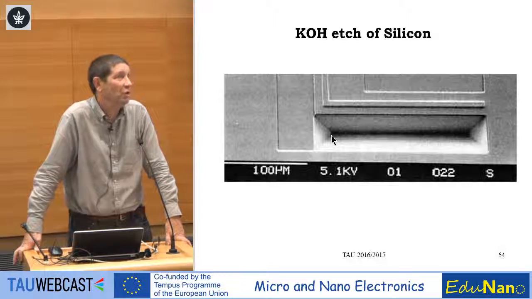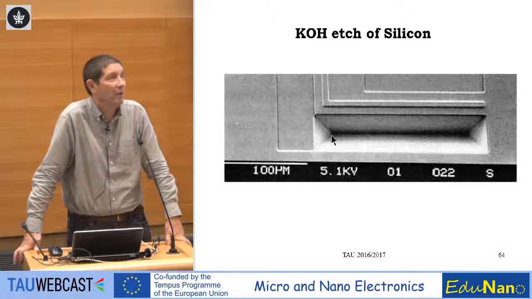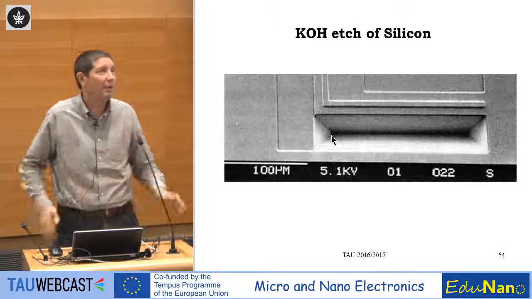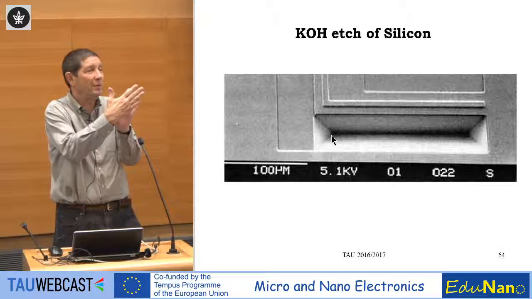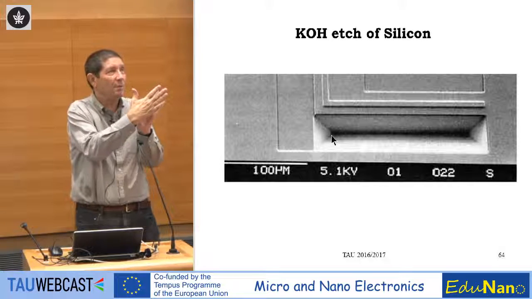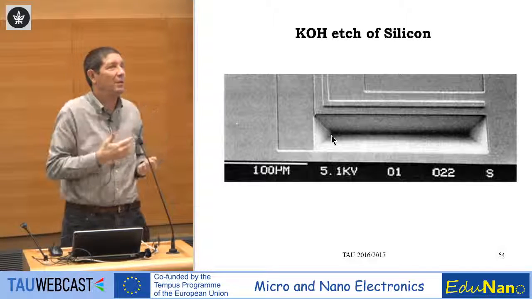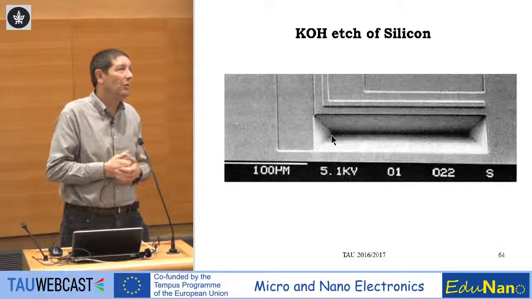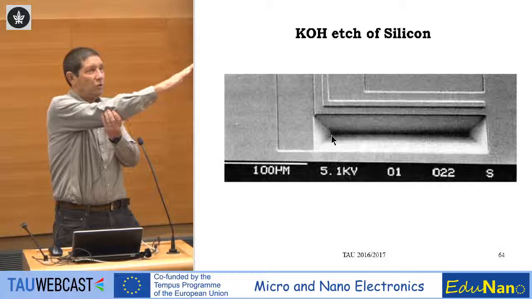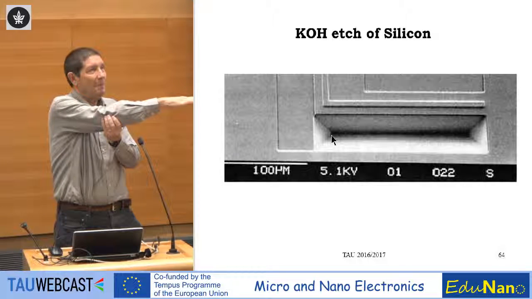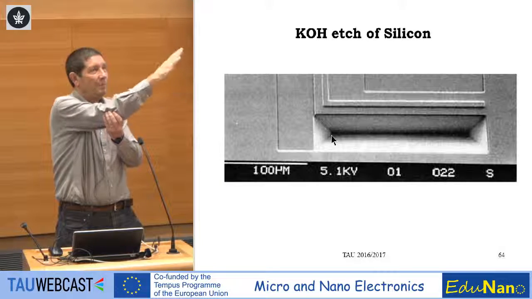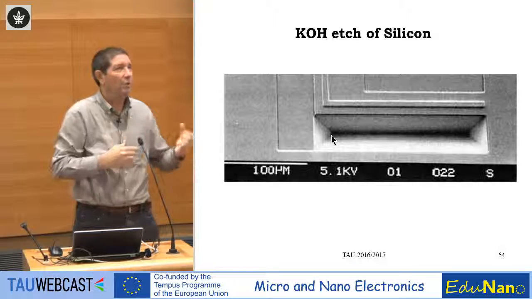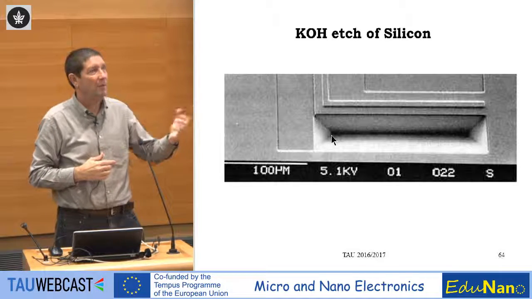You can make injectors. You can make accelerometers, because if this is a membrane, for example, the pressure on the membrane, you can sense it on the fluid on the other side. Or you can use it to make accelerometers, like this beam that I showed you before. This beam has a mass. So when you accelerate, the beam will move, connected to a capacitor, and you can measure the capacitance.